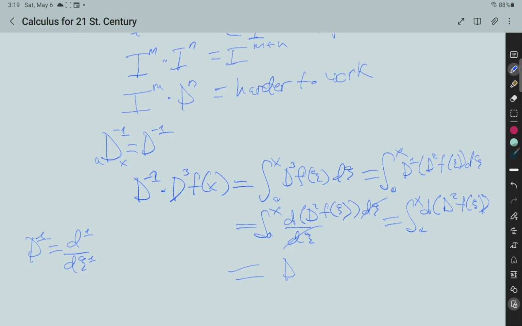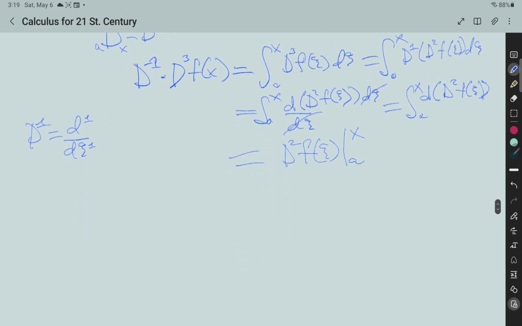It's going to be D squared f of c, and then my limit of integration is going from a to x. So therefore this is equal to D squared of f of x minus D squared of f of a.